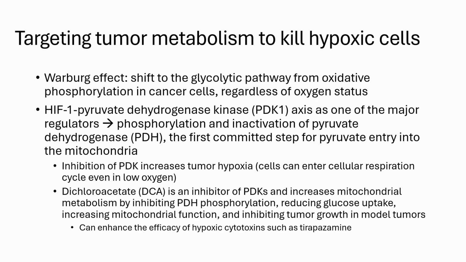So if increasing mitochondrial activity in moderately hypoxic cells results in increased hypoxia through metabolizing oxygen, well then decreasing mitochondrial activity in hypoxic cells should result in increased oxygen levels, right? You're preventing the pathway that utilizes oxygen.